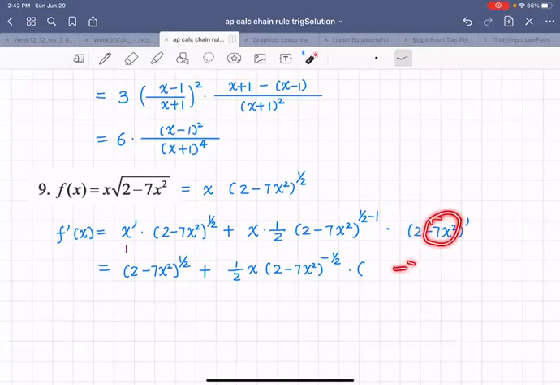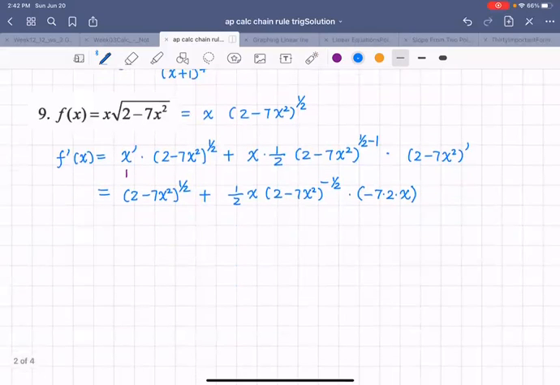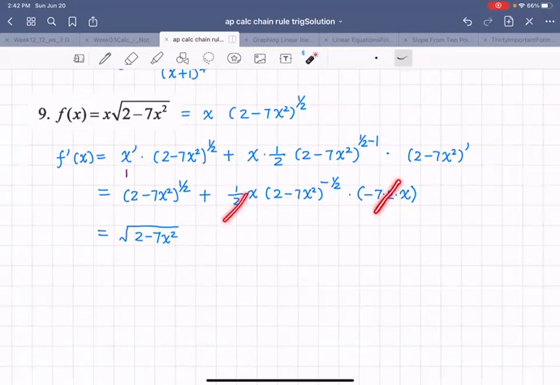This guy is negative 7 times 2 times x to the power 2 minus 1. Okay. Negative 7 times 2 times x to the power 1. All right. Does this make sense now? Yes. So this is square root of 2 minus 7x squared. And then this 2 and this canceled, right? Yes.